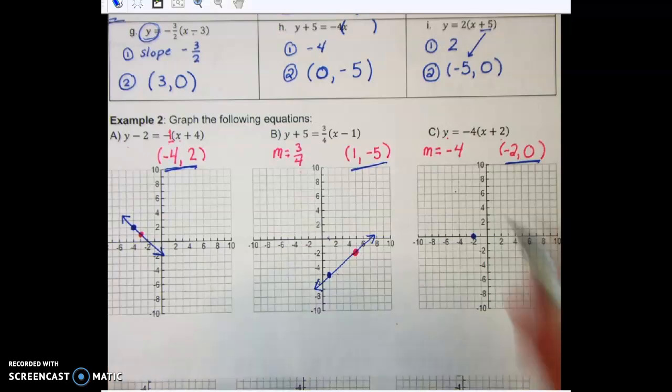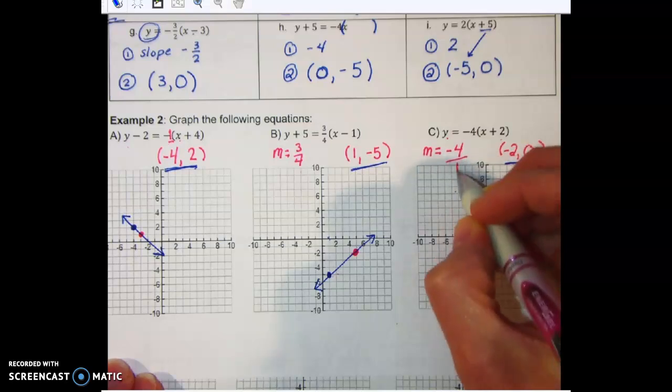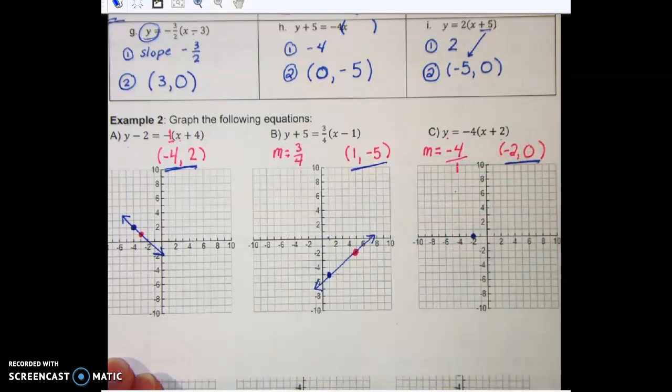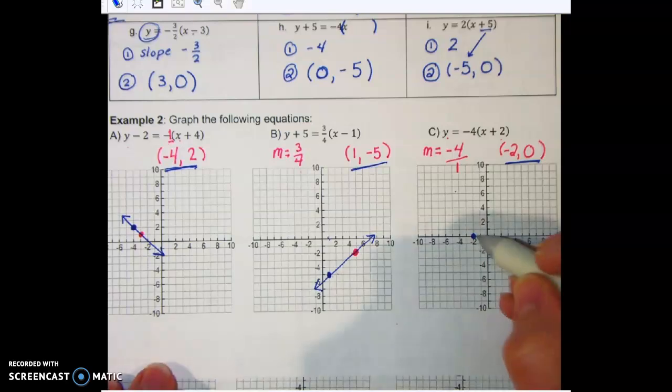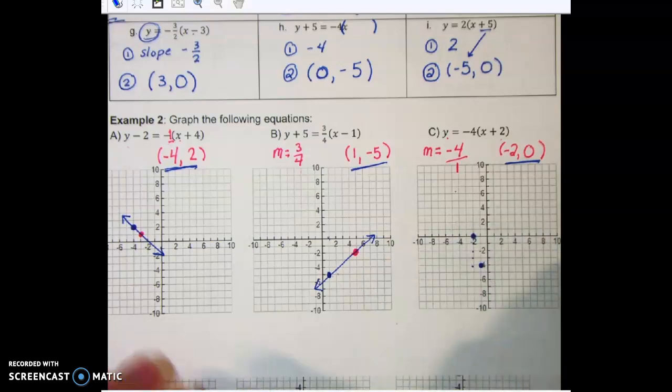And then we're going to use the slope down 4 over 1. So from this dot, we're going to go down 4 and over 1. And then connect the 2 dots.